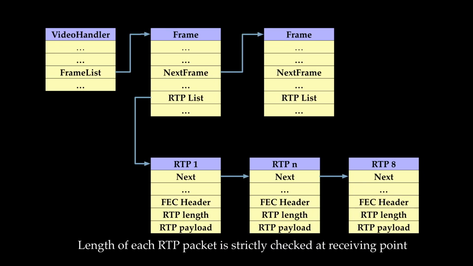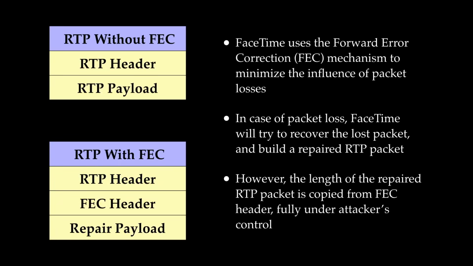I want to emphasize that when identityservicesd receives the RTP packet, or AVConference handles the RTP packet, there is a very strict check on the RTP packet to make sure the length field in the RTP packet equals the real size of the payload. But the question is, FaceTime uses a mechanism called forward error correction, FEC, to minimize the influence of packet loss.